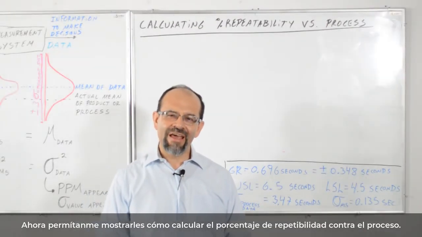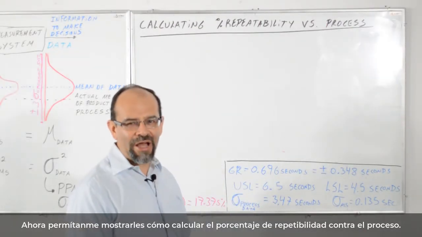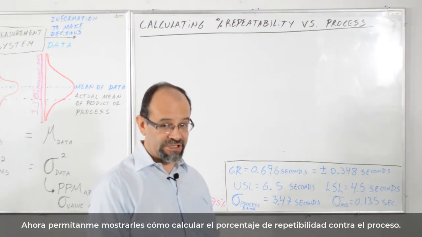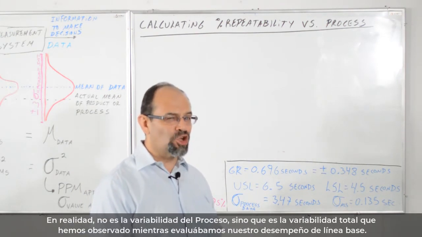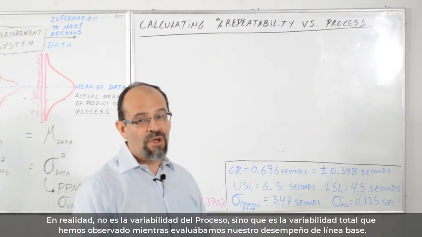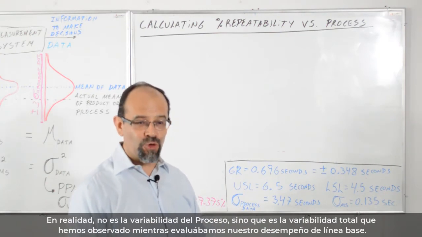Well, then let me show you how to calculate the percentage of repeatability against process. In reality, it's not process, but it's against the total variability that we have observed while doing our baseline performance.